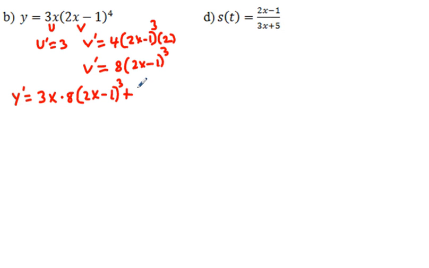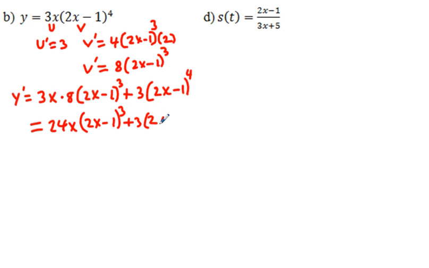Well, u prime is 3, and v is quantity 2x minus 1 to the 4th power. And just combining things here, 3 times 8, that's going to be 24x times quantity 2x minus 1 cubed plus 3 times quantity 2x minus 1 to the 4th power. That's going to be y prime. Okay.